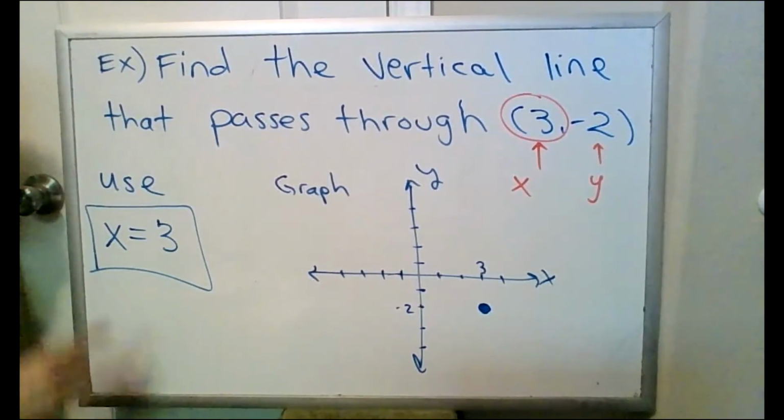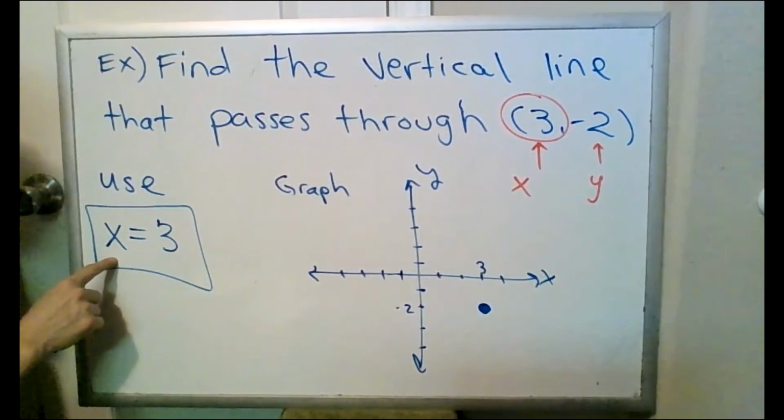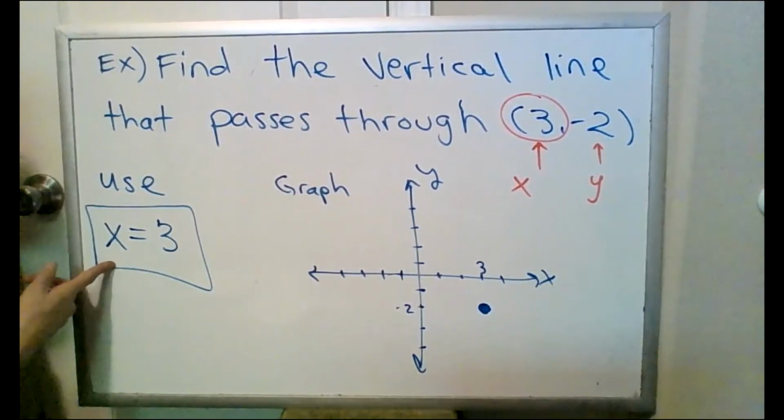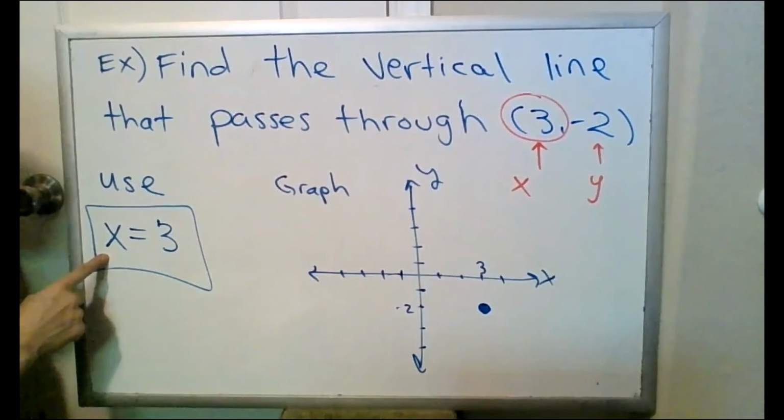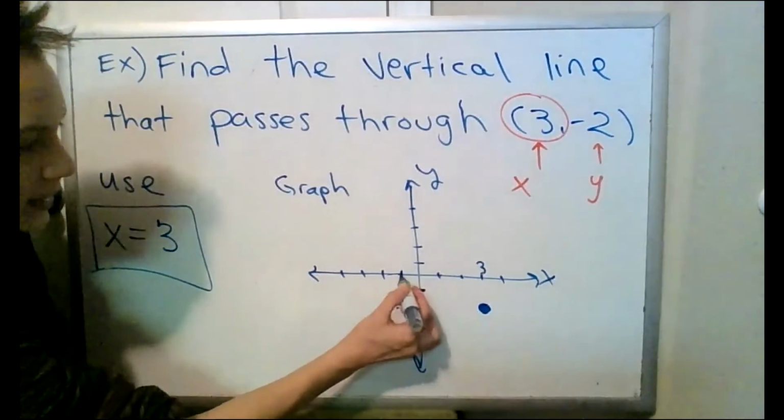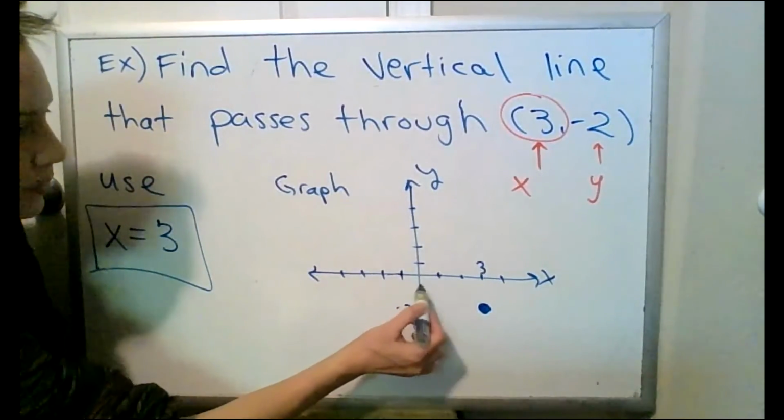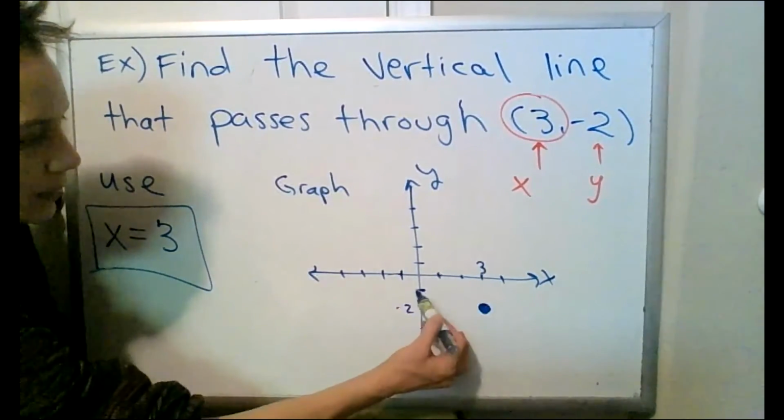And then I'm going to check that I have the right equation for the line. Here I can let y be any number. I'm going to let y equal -1, and I have to have x equal to 3. So if x equals 3, y would be -1. That'd be right here.